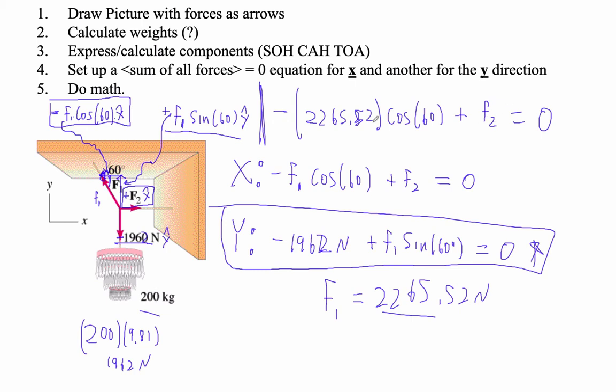Well, doesn't that mean F2 is just the opposite of whatever's in these brackets? So I'm going to go that times cos 60, and it's 1132.76.